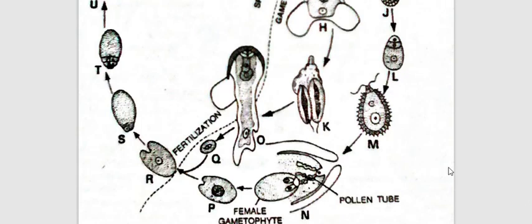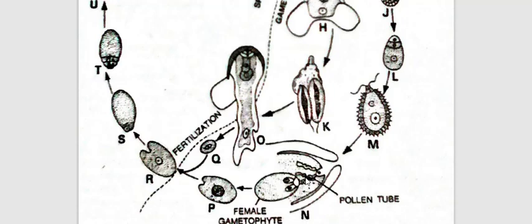Then when pollination occurs, these pollen grains are carried to the female gametophyte, enter through the micropylar region, then the nucellus, and fall on the nucellus tissue of the ovule.